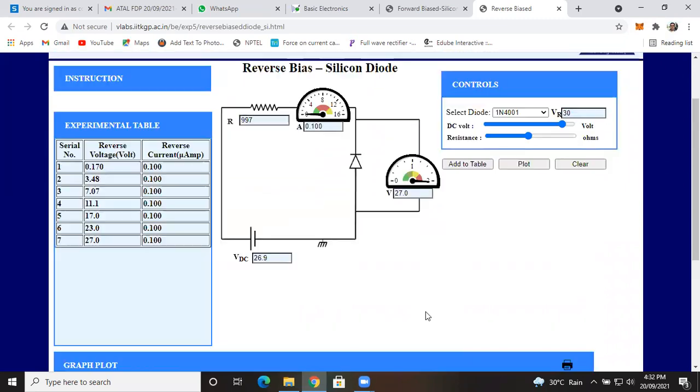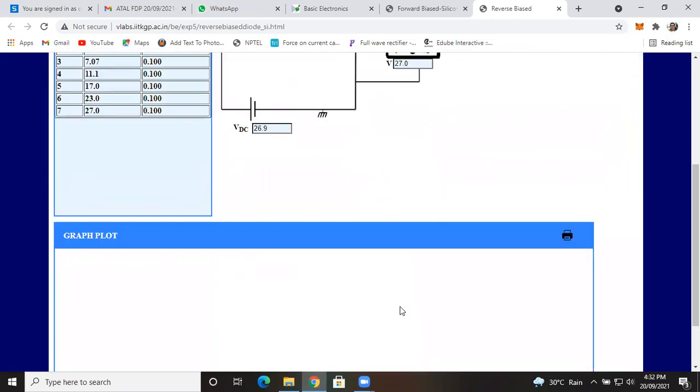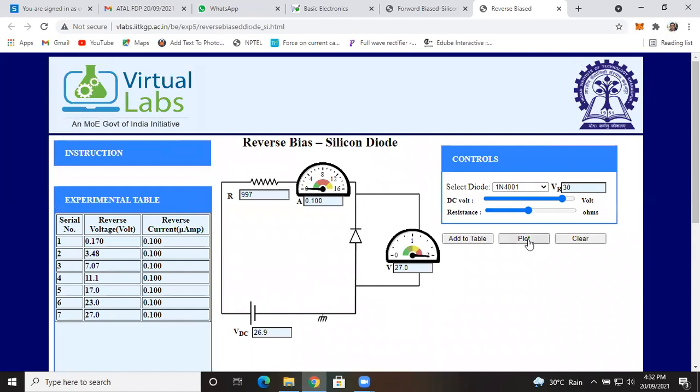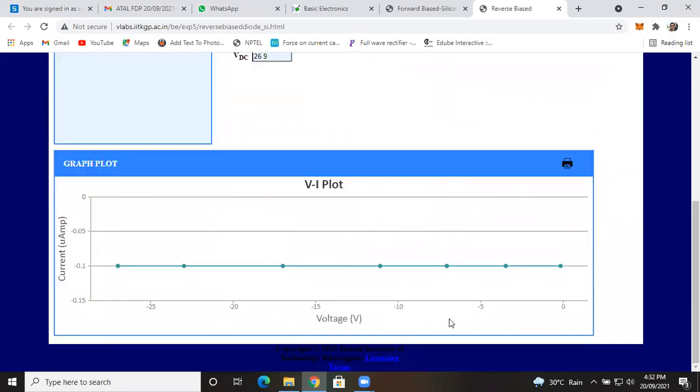If you try to plot the graph, let me click on the graph tab, definitely you will see the graph. See that. The minus sign here indicates the reverse bias voltage. Though you increase the reverse bias voltage, you will observe that the current does not increase.